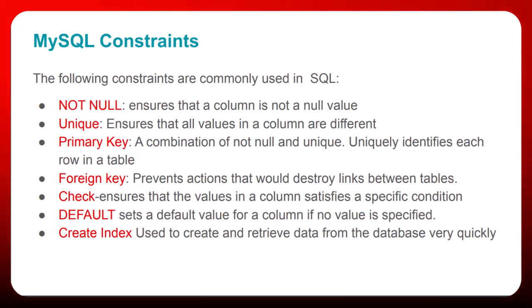Default sets a default value for a column if no value is specified. So if I've got missing data in this certain column, then I want to replace it with 0. So if the user does not enter the value, it is going to be replaced by 0. Create index is used to create and retrieve data from the database very quickly.